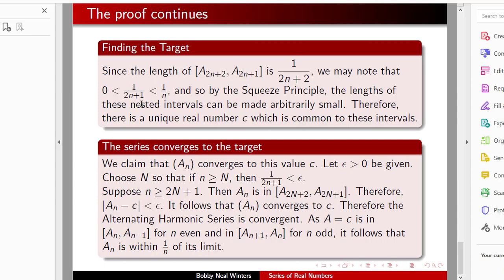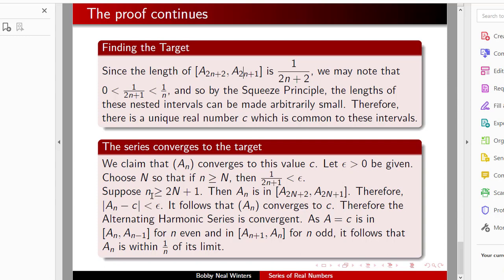And so by the nested interval principle, there is a unique number c that is common to all of these intervals, and our sequence of partial sums will converge to that value. Again, let epsilon greater than 0 be given. Choose an N so that if little n is bigger than capital N, then 1 over 2n plus 1 is less than epsilon.